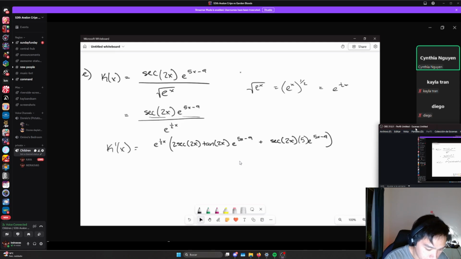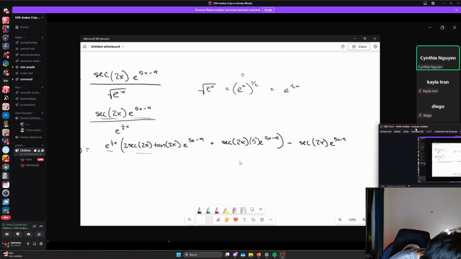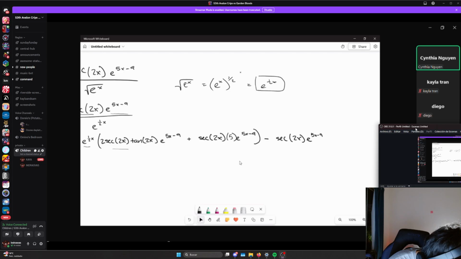So this was low d high minus high d low. High is your secant 2x e to the 5x minus 9. Your d low is the derivative of e to the 1/2 x. Just like before, it's e to the whatever, and then multiply with the derivative of the inside. In this case, it's 1/2.